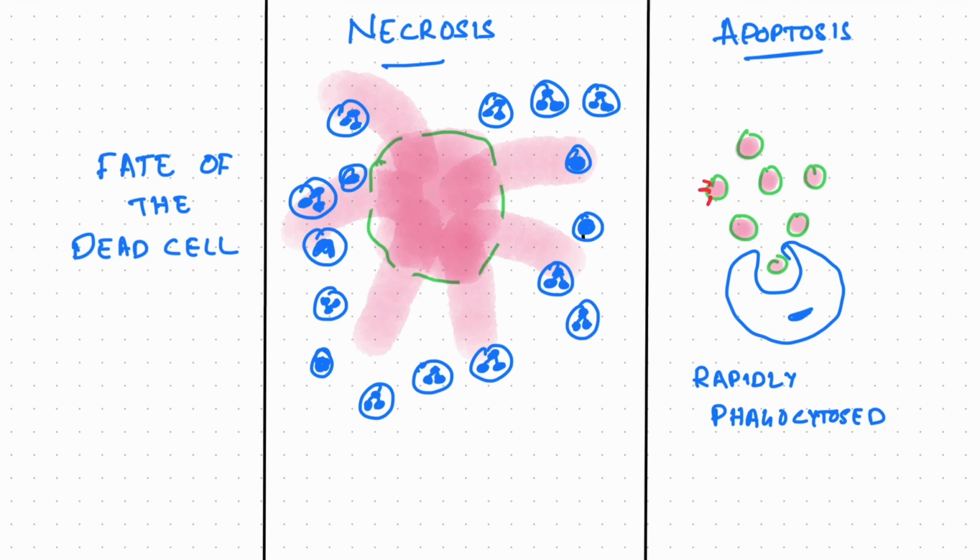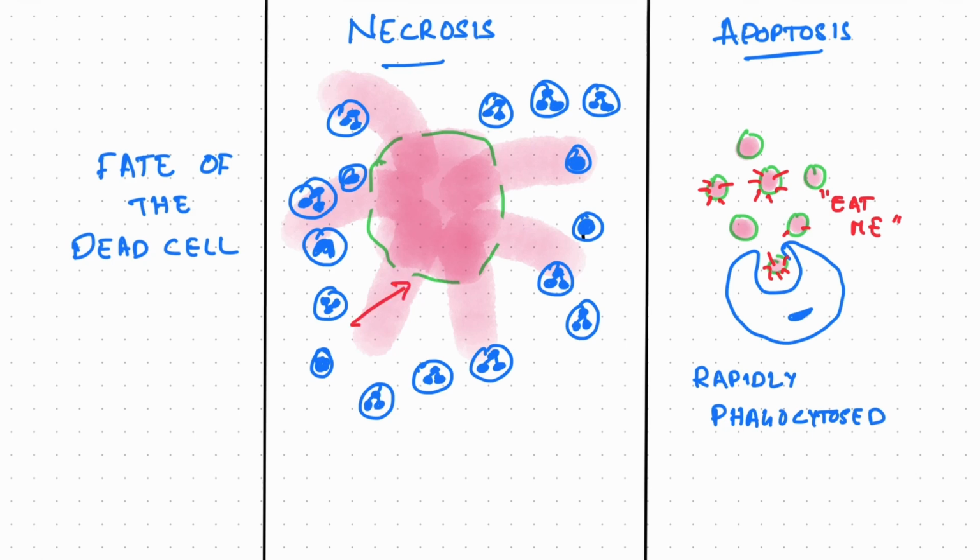One important signal is the exposure of phosphatidylserine on the outer surface of the apoptotic cell membrane. This acts as an eat me signal for phagocytes. So, apoptotic cells can be removed very efficiently, often before their contents have a chance to leak out.